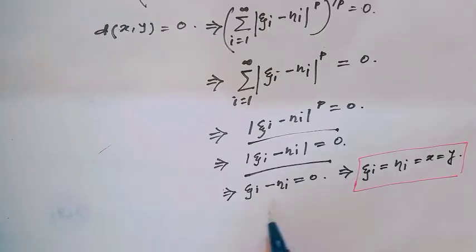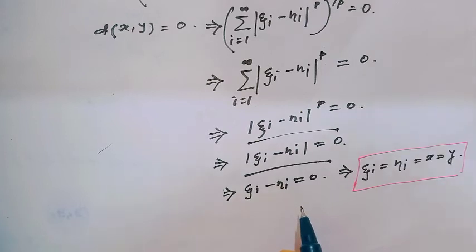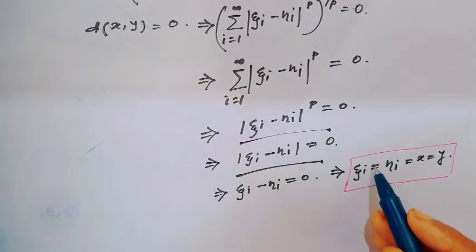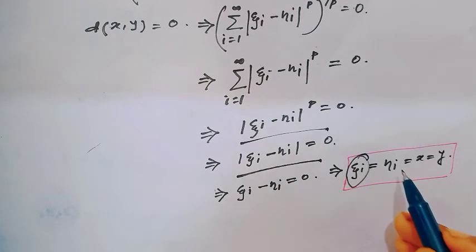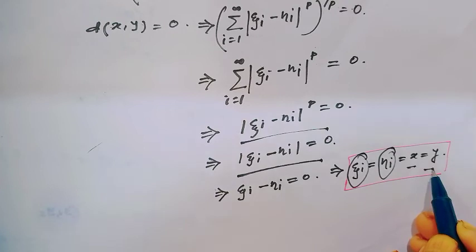That implies xi_i minus eta_i equals 0, so xi_i equals eta_i, and since xi_i is x and eta_i is y, x equals y.